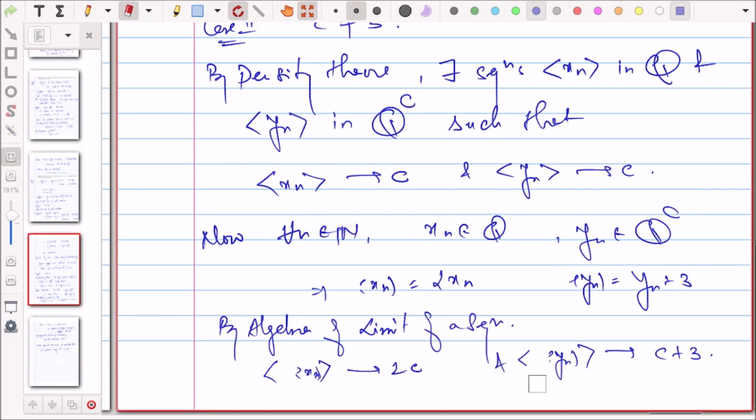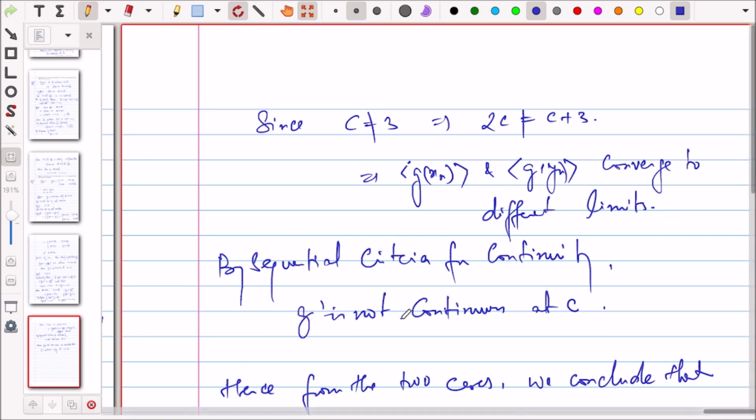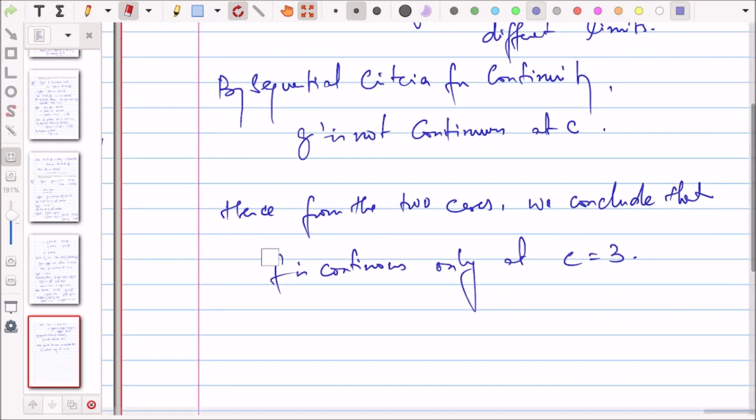So the function g is continuous only at c equal to 3. Is it fine? Okay, fine. Yes.